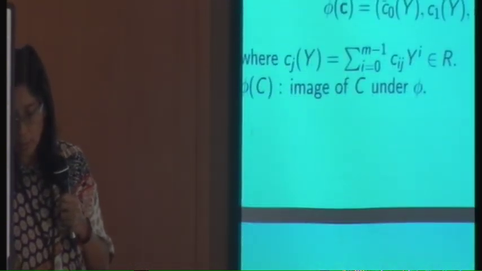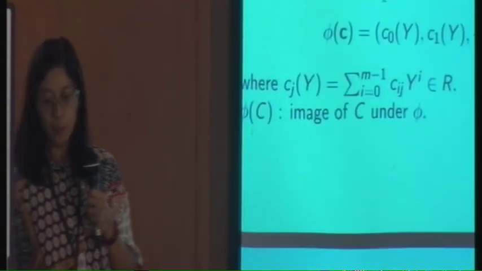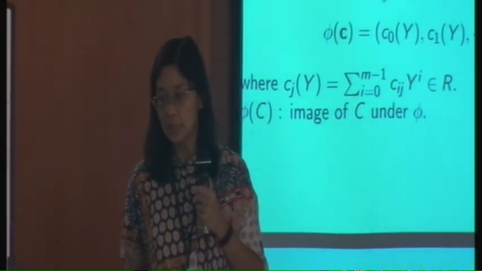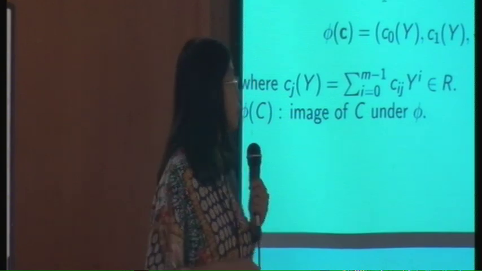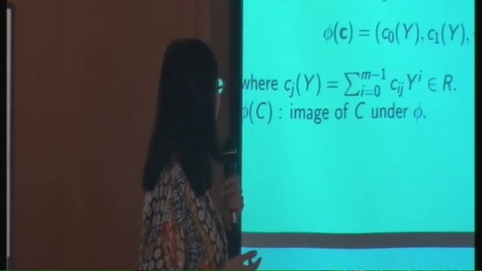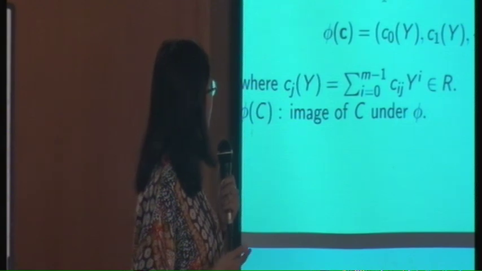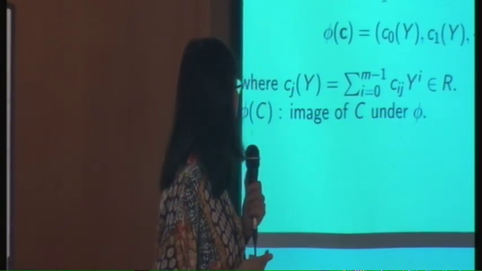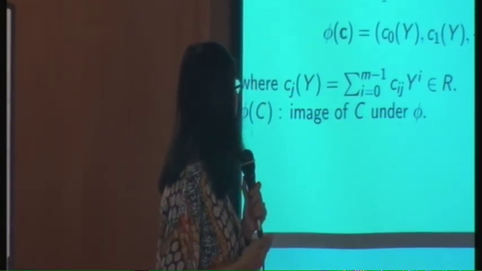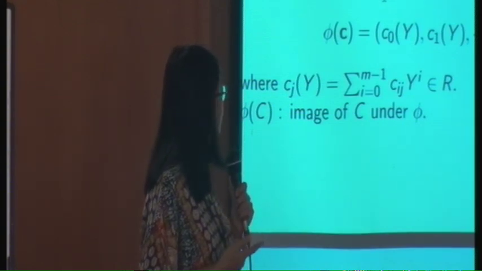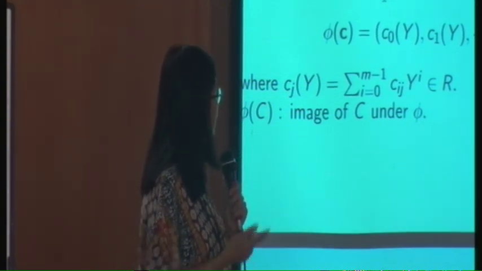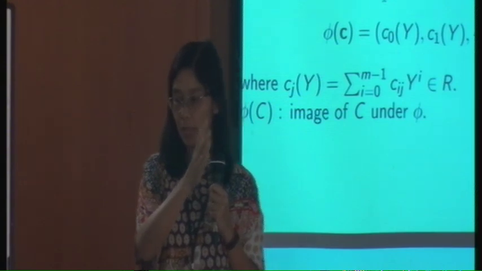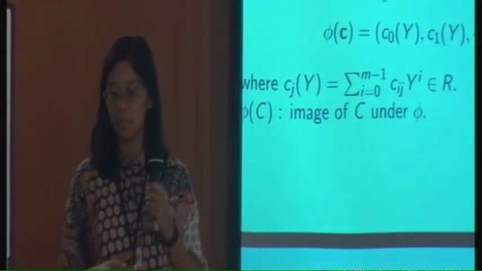And we can also have a one-to-one correspondence with polynomials. If m is a positive integer, we define this polynomial ring R as A[y] modulo y^m minus 1. Say we have a quasi-cyclic code over A of length lm and index l, and we write it like this: c_00 until c_0,l-1, and then c_10 until c_1,l-1, and so on.